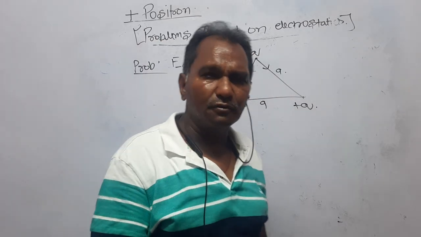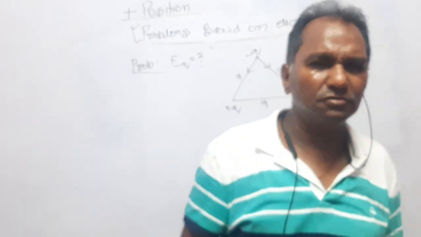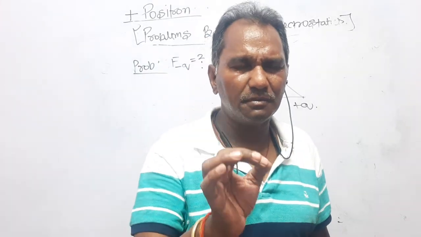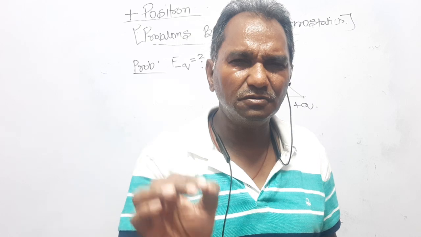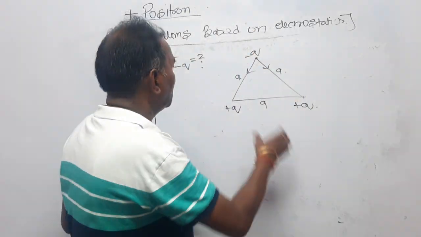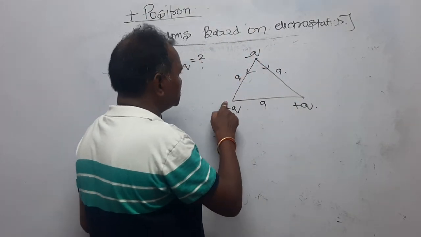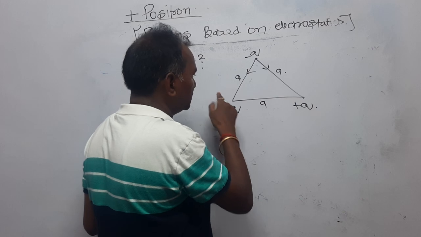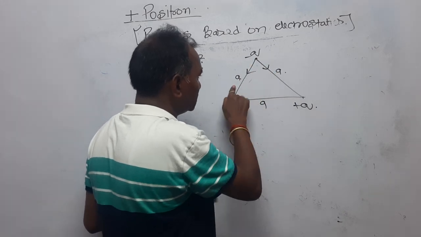You know, the force between two charges due to Coulomb's law is F equals 1 upon 4 pi epsilon naught Q1 Q2 upon R square. Due to this charge, it is 1 upon 4 pi epsilon naught Q into Q over a square.